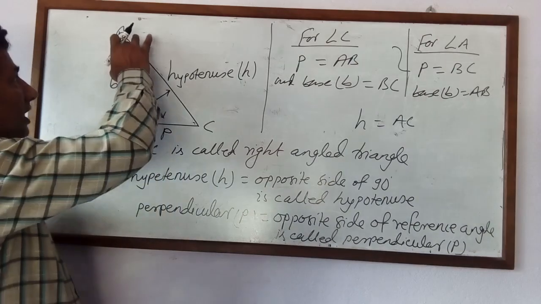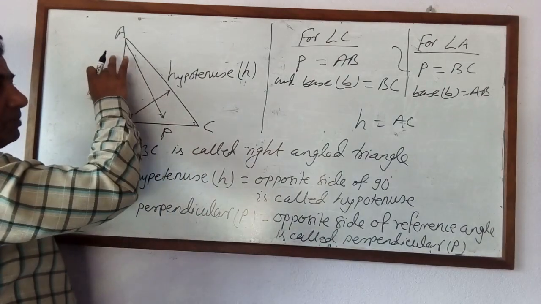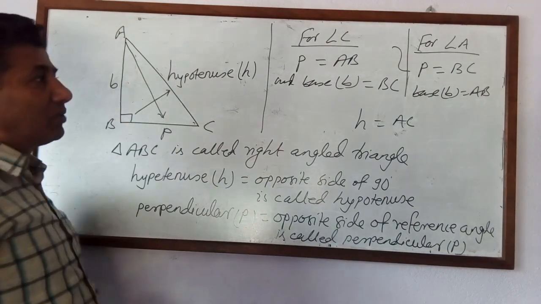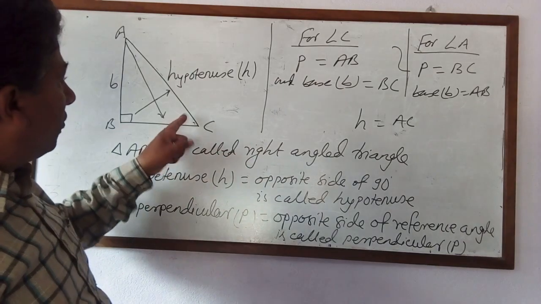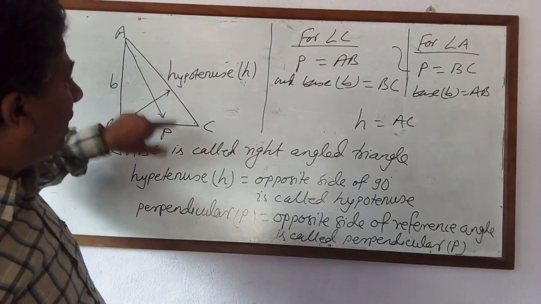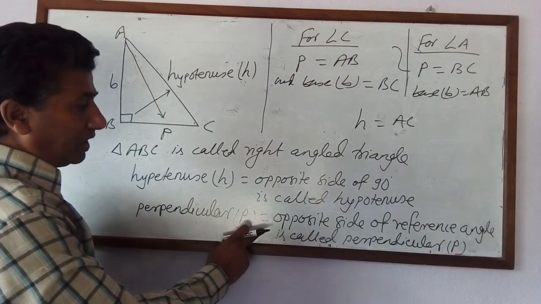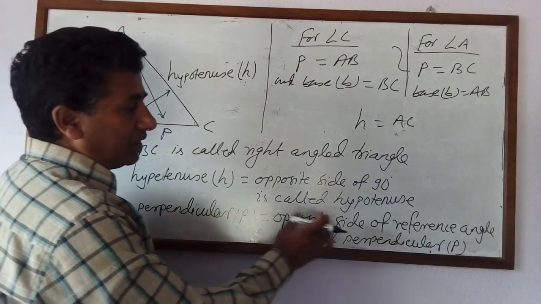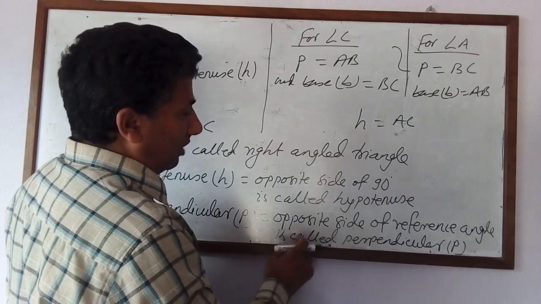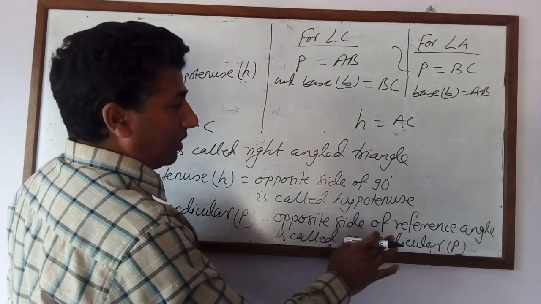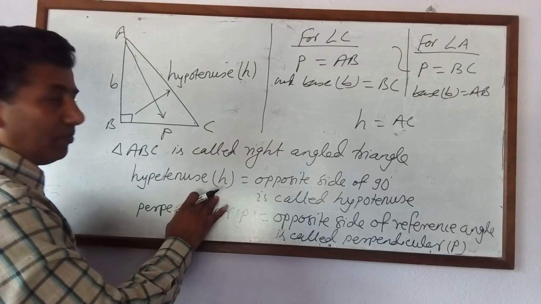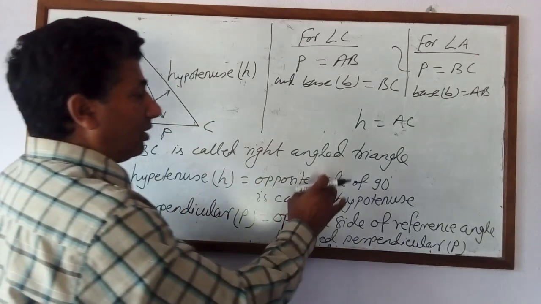Now for this angle A, this one is perpendicular, this one is base. Perpendicular and base will be different according to the reference angle. Which angle we take, according to that we have to take P and B. Now you have to remember this definition. Opposite side of reference angle will be perpendicular, and opposite side of 90 degree will be hypotenuse.